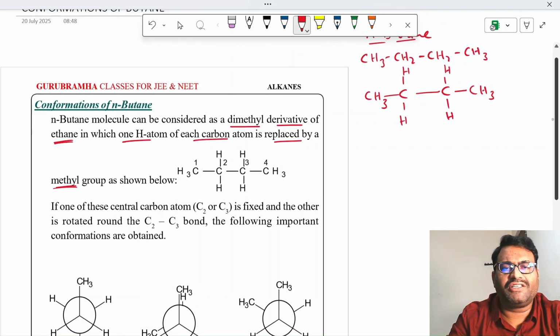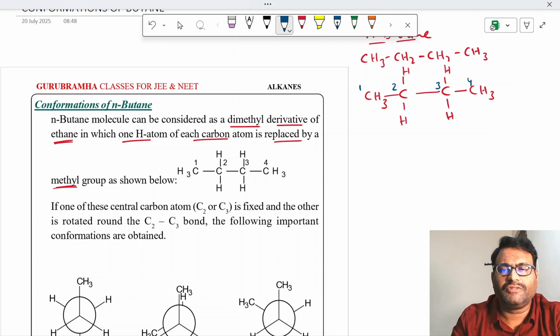So let us write the numbers for these carbon atoms: 1, 2, 3, 4. Already we have studied that if there is only a single bond between carbon and carbon, the molecule can be rotated along that sigma bond and different conformations are produced.